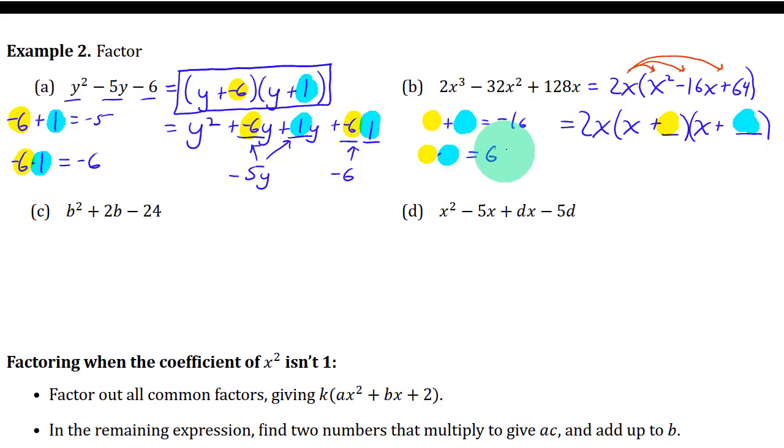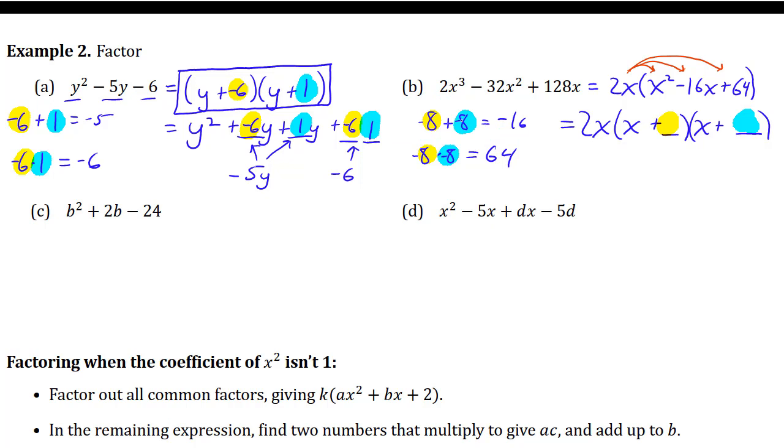And if you try, there's a few different ways to multiply things to get 64. You could do 32 times 2. That doesn't add up to 16. You could do 8 times 8 is 64. But then 8 plus 8 is positive 16. Oh, but wait, a negative 8 times a negative 8 is positive 64, and then it adds up to negative 16.